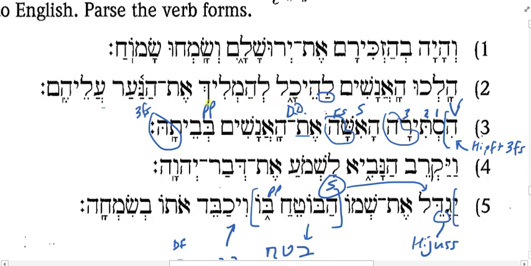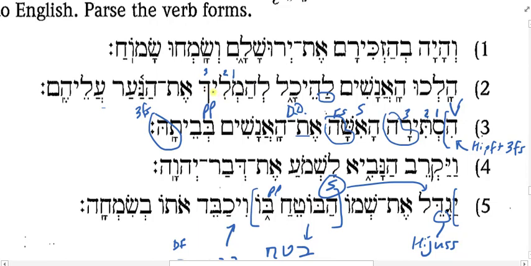Lehamlich. What is that? So I got the root as mem, lamed, kaf. That's right, melech, which is king, or throne, dominion. Right, if it's a noun. Is this maybe a verb form, though?